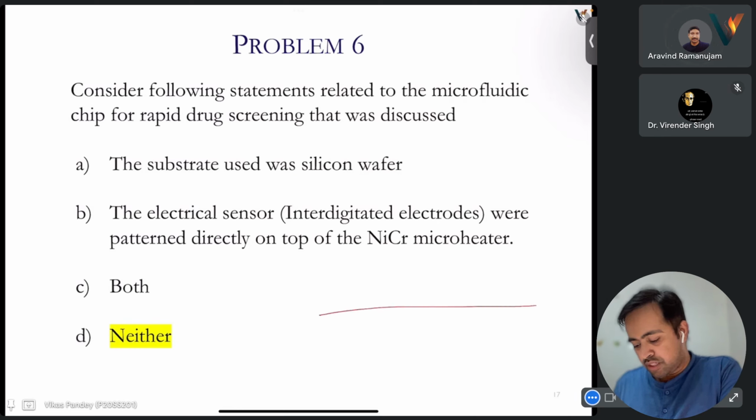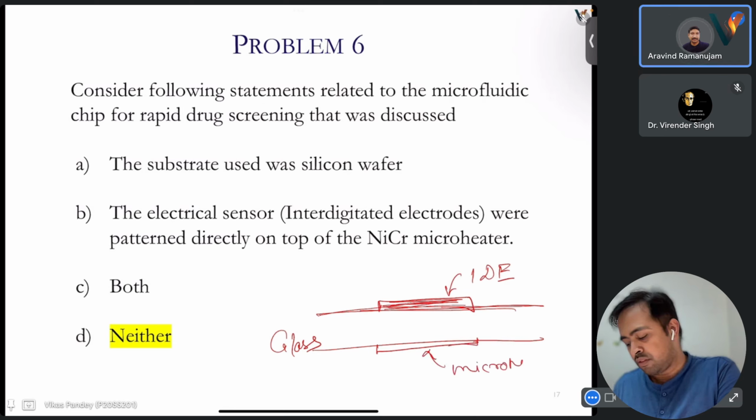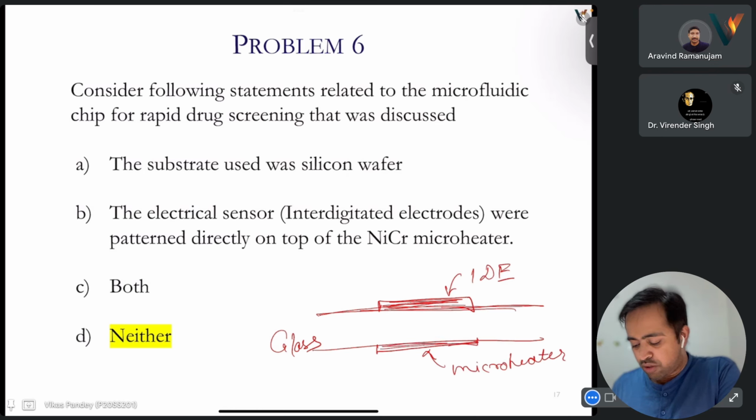There is a transparent optical sheet, or glass. On this side we have a glass wafer; if we pattern the IDE pattern on this side, the microheater goes on the other side. What is the use of this microheater?